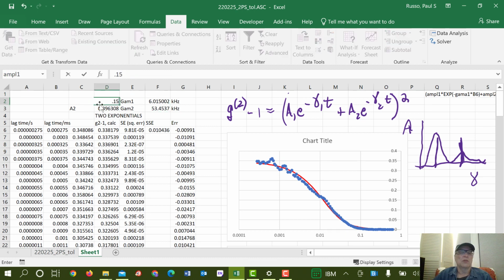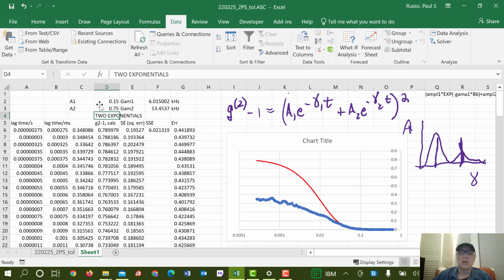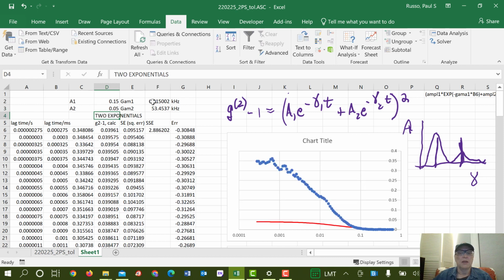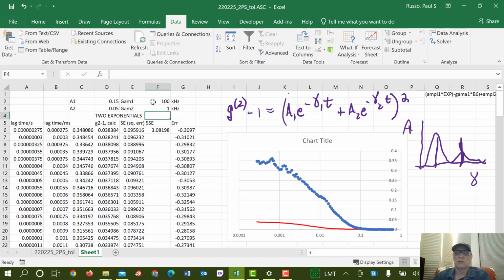Let's try it. I want one that comes at it from below. And one that is like insane, 100 kilohertz and 1 kilohertz. What's that like?